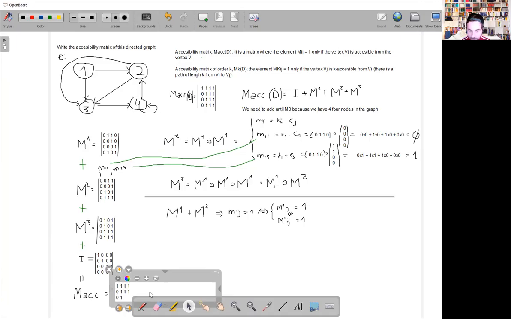There is a 1 on M2, a 1 on M3, a 1 on M1, 0 in all matrices, a 1 on M1, a 1 on M2, a 1 on M2, and we finished. So this is the accessibility matrix calculated with the formula. And as you can see, it is the same as the matrix that we calculated at the beginning. So that's all for this exercise.